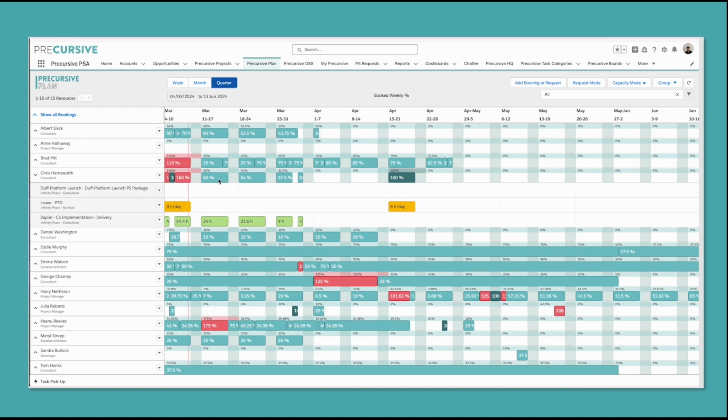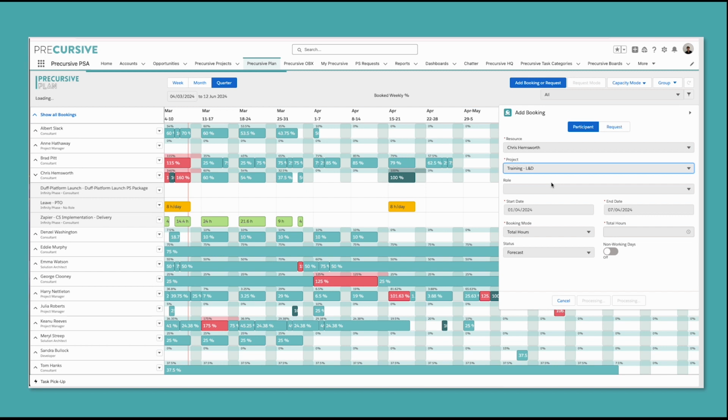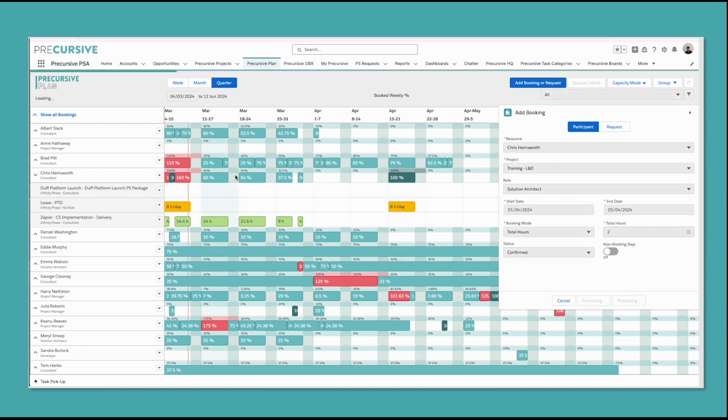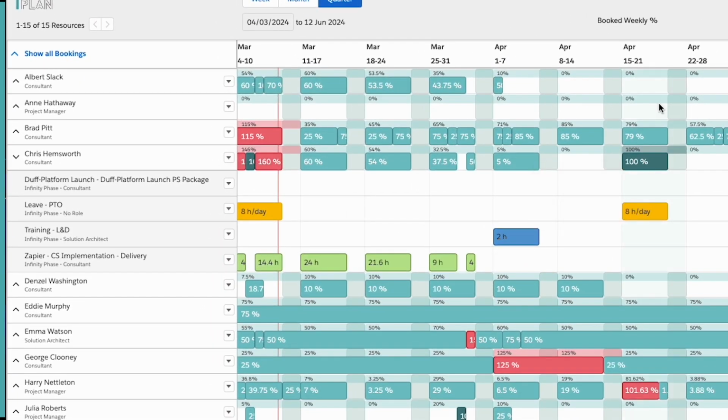What I'm going to do is start maybe in April, so let him finish up with Zapier, and I'm going to put in some training. If we start in April, we'll go for a week. We'll put in a couple of hours a week, and let's add that in. So that's gone in now.